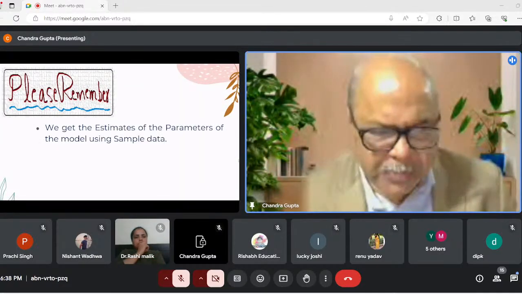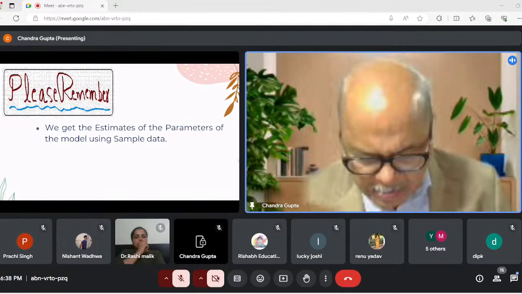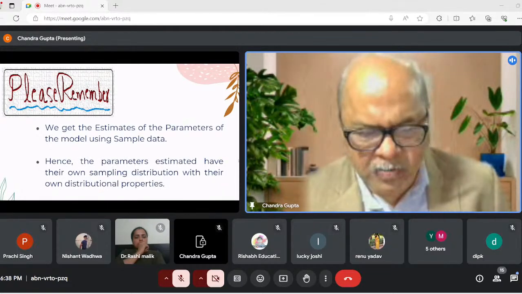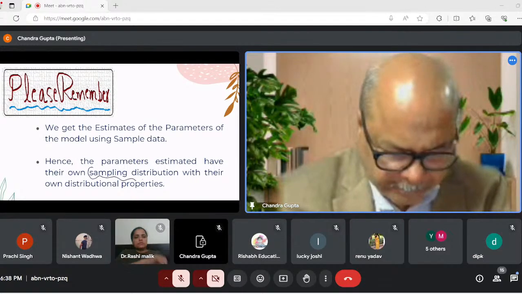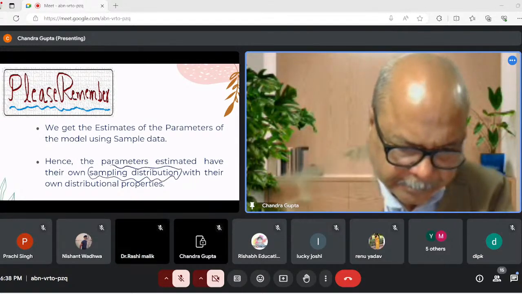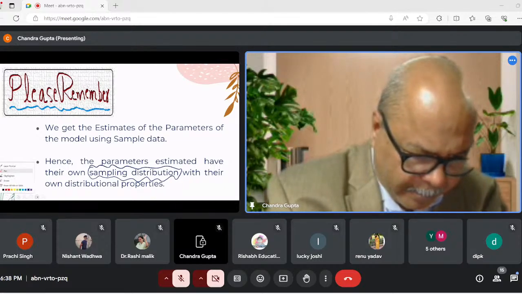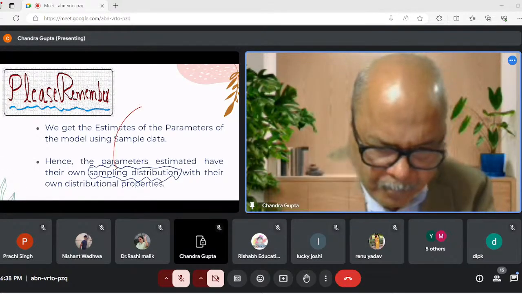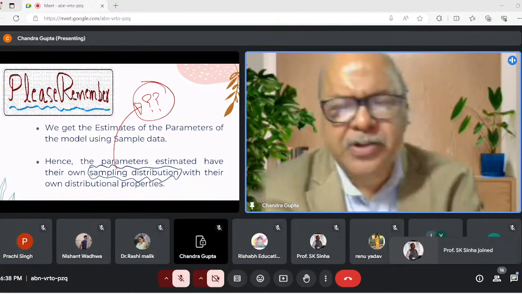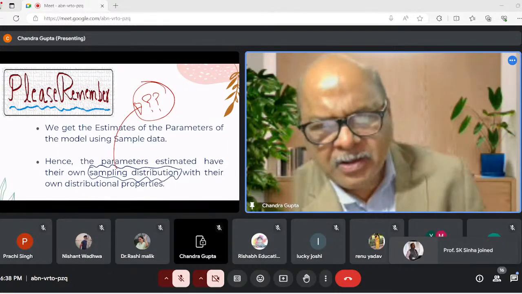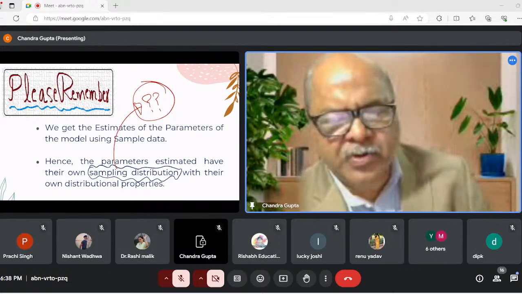Please remember, we get the estimates of the parameters of the model using sample data, and therefore they have their own sampling distribution. Now the question is, what are the properties of the sampling distribution of alpha and of beta?